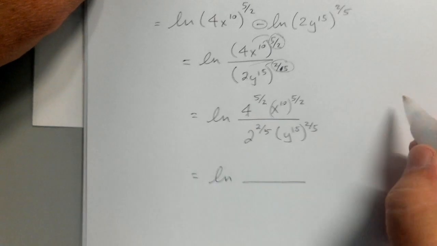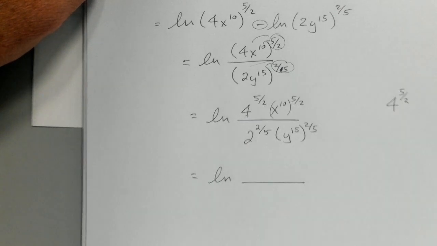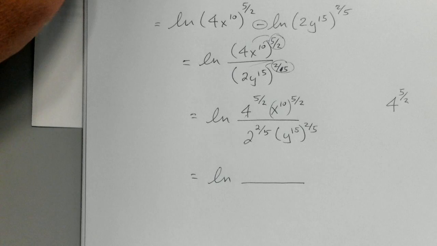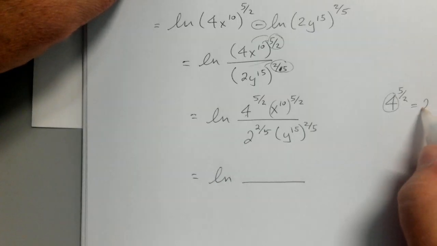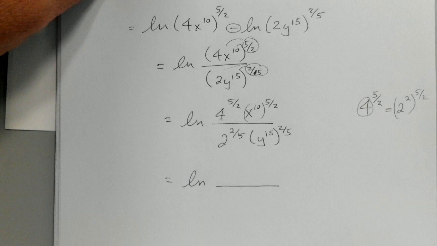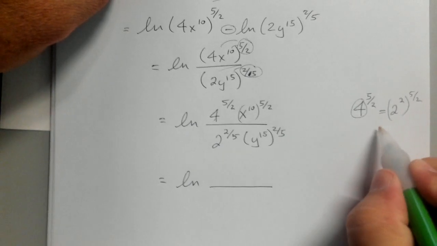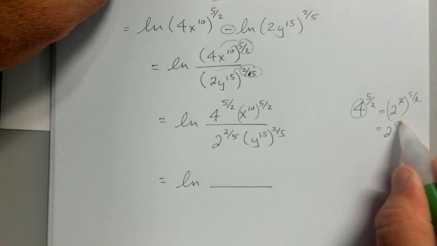What's going to happen here? Well, 4 is 2 squared, isn't it? So we multiply the exponents, the 2's cancel, and this becomes 2 to the 5th.